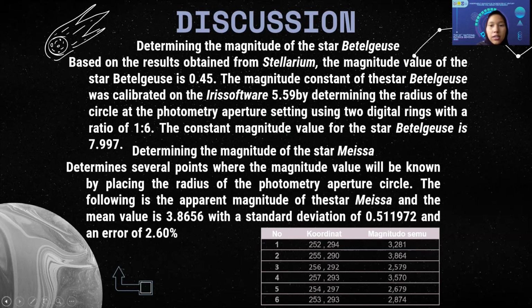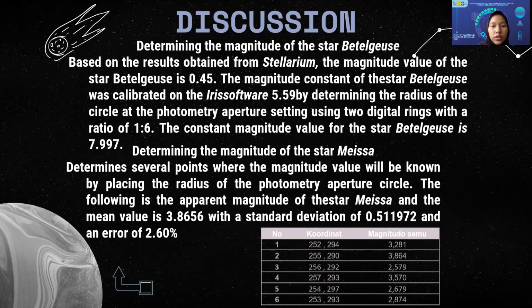The magnitude constant of this Betelgeuse star was calibrated on the IRIS software by determining the radius of circle at the photometric aperture setting using two digital rings with a ratio of 1:6. The constant magnitude value for the star Betelgeuse is 7.997.